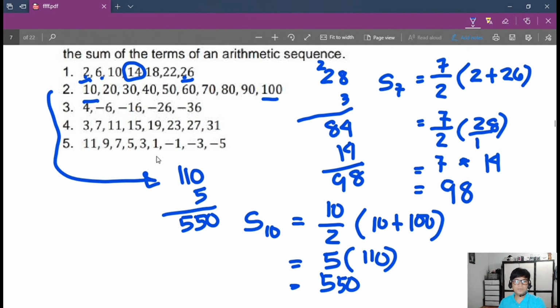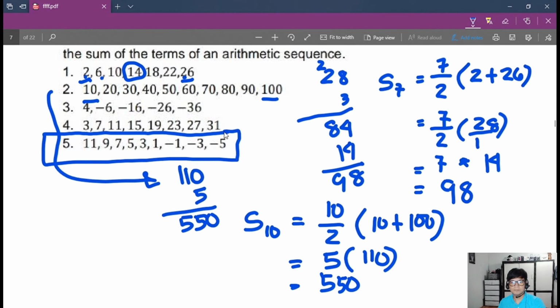Okay, so number 5. This is your number 3 for activity. You're going to answer that. Find the sum. Okay, you're going to use the formula, the first formula.